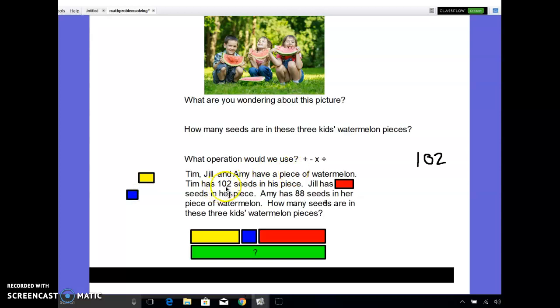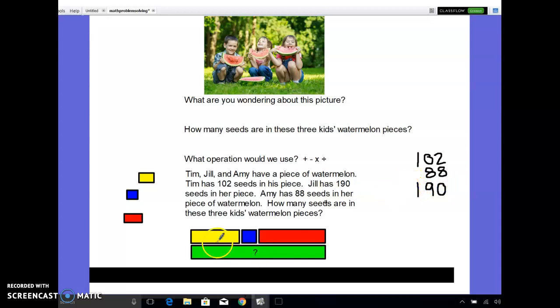Now, if you notice, this was a 3-digit number and this is a 2-digit number, so I'm going to have to make sure I line this up correctly. So there's our 88. And last we have Jill's amount of seeds. She has 190. Not that this is my question, but who has the most seeds? Looks like it's Jill with 190.